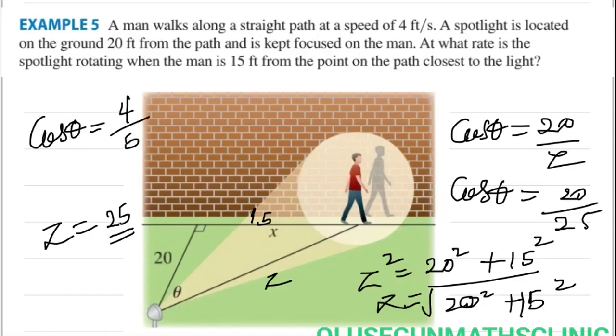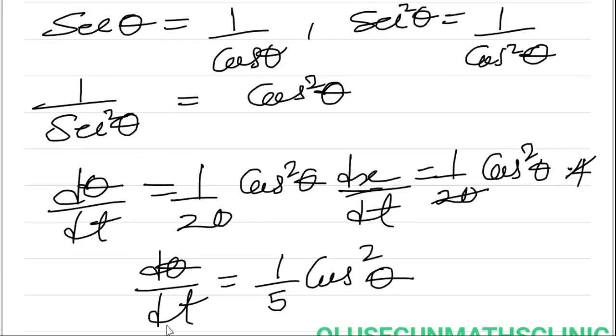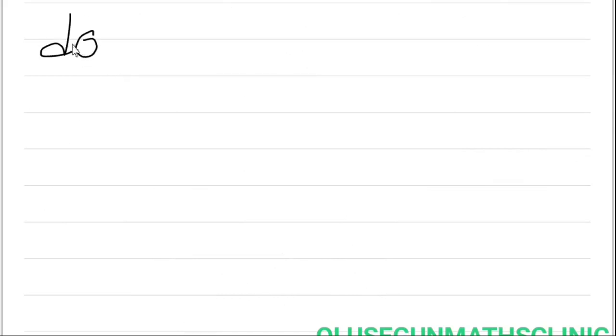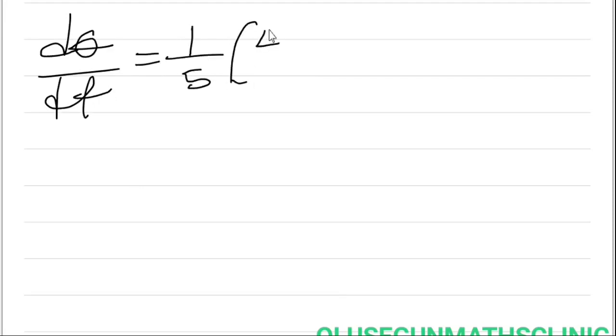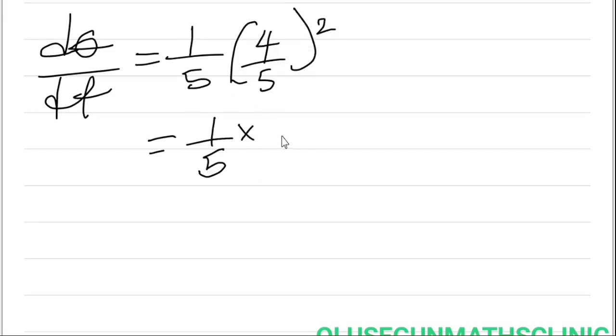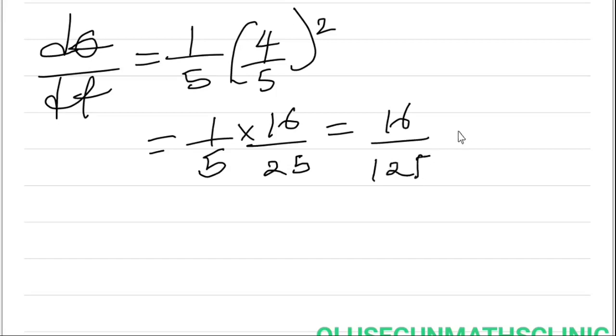So if cos θ is 4 over 5, let's apply it: dθ/dt is equal to 1 over 5 cos² θ. So therefore we have 1 over 5 times 16 over 25, which is equal to 16 over 125, which is equal to 0.128.